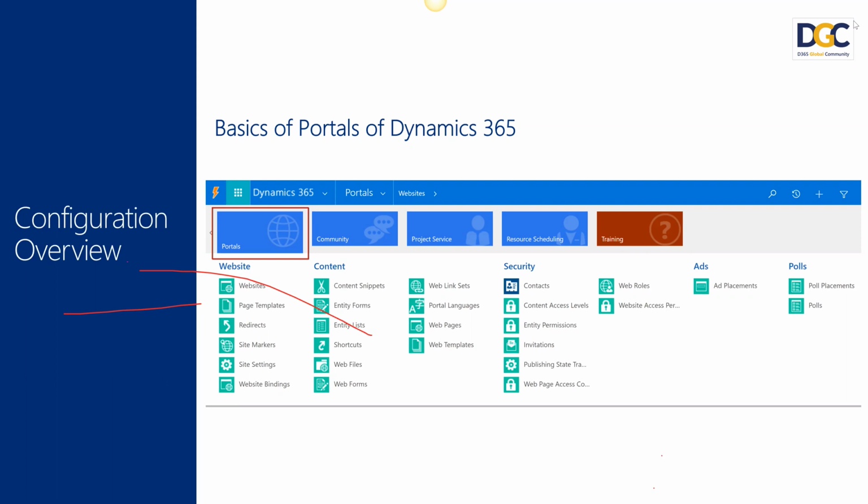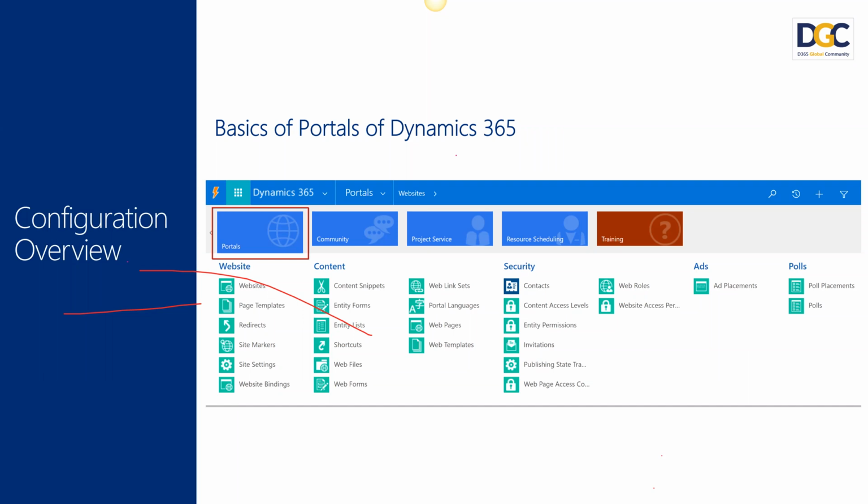There are three of them which I think are very important. I would explain those. One is entity permissions, the second is web roles, and the third is website access permissions. So entity permissions are record-based permissions, and they provide a scope of permissions on that particular data, for example accounts data, or leads data, or case data.